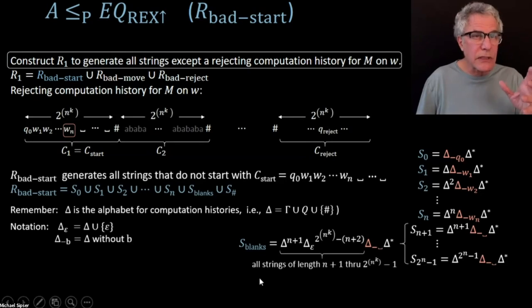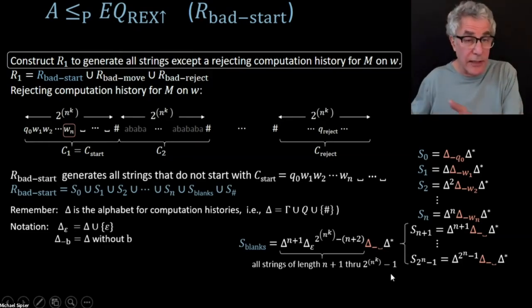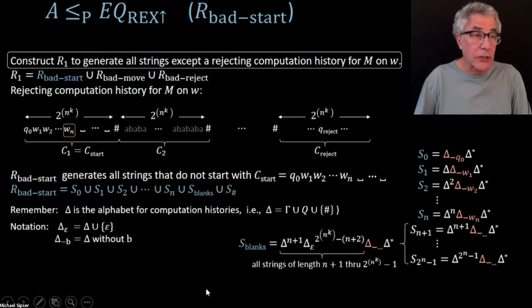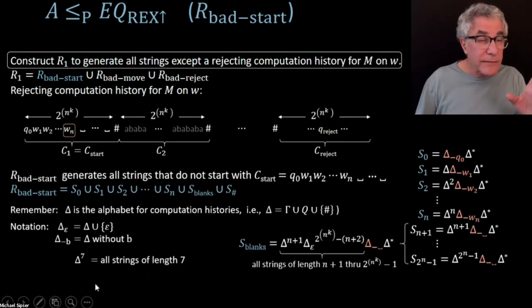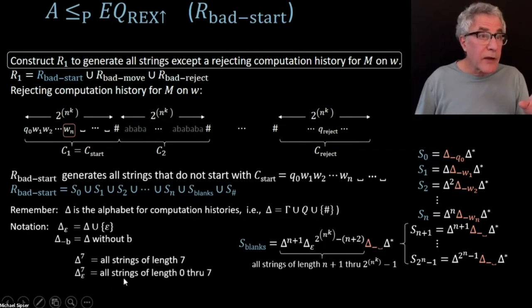These are all strings of length n+1 through the end of the configuration. To understand that, it's almost a little too technical to even try, but let's see. If I put delta to the 7, that's all strings of length 7. But if I put delta sub epsilon to the 7, if you think about what that means, that's all strings of length between 0 and 7.